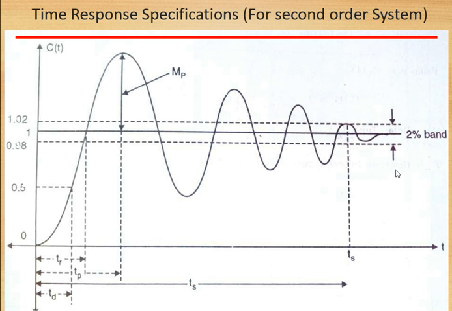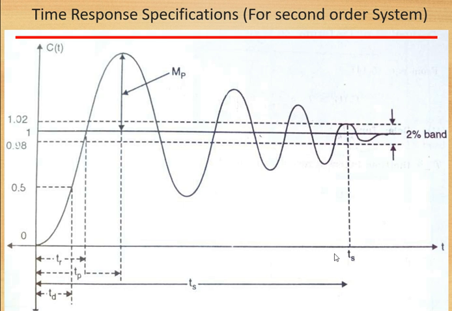Now this settling time will obviously be greater than all the other parameters like TR, TP and TD. In other words, TR, TP and TD are parts of TS. While designing, TS is very important, because it tells you how quickly the system will acquire its desired value.